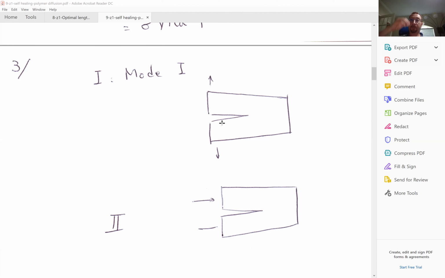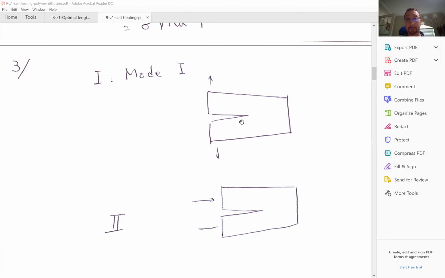In this case, far field loading is perpendicular to the surface of the crack. This is what we call mode 1. So everything I explained to you is mode 1 so far. And if you look at the geometries I showed you already, they were all mode 1.